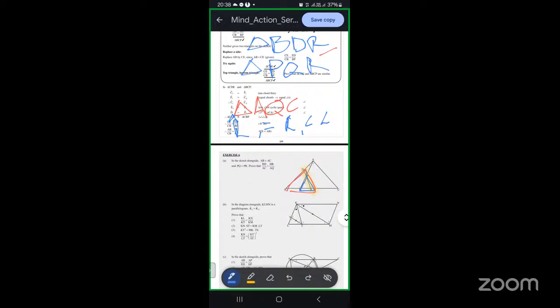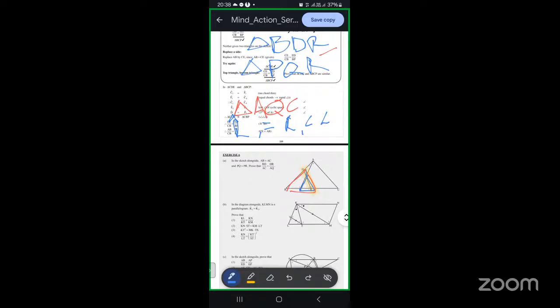Sir, isn't that okay when you're proving that they're similar, not congruent? Yes, we are proving that they are almost the same. Continue with your explanation.